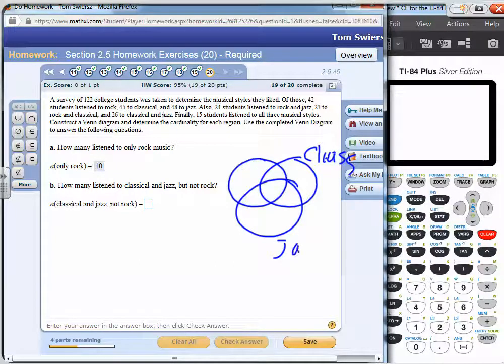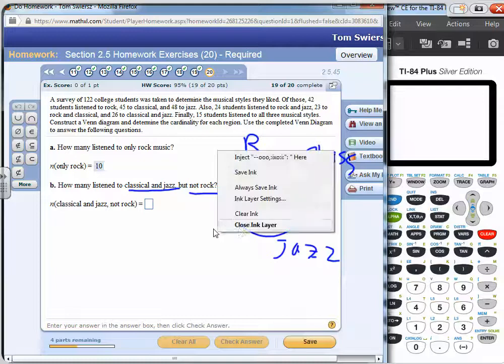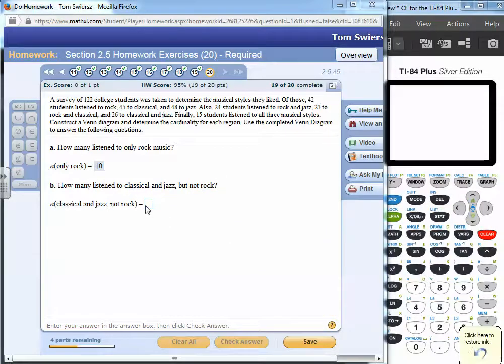This was jazz. We had 15 here. We had 11 here. Listen to classical and jazz, but not rock. We got rid of the 15, so we're only left with those 11, because we're going to get rid of the 15 because it's not rock. So then that would just be those 11.